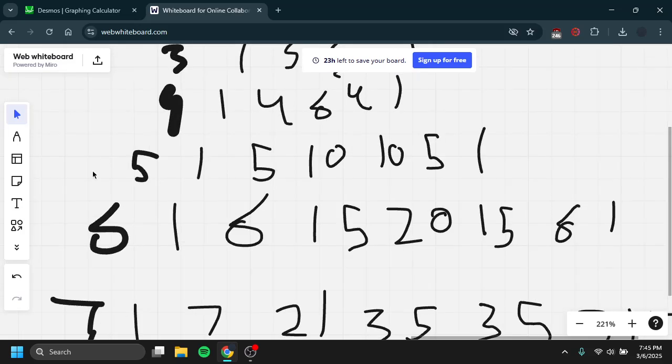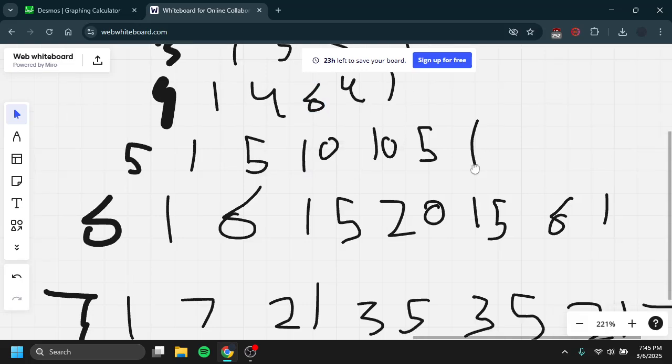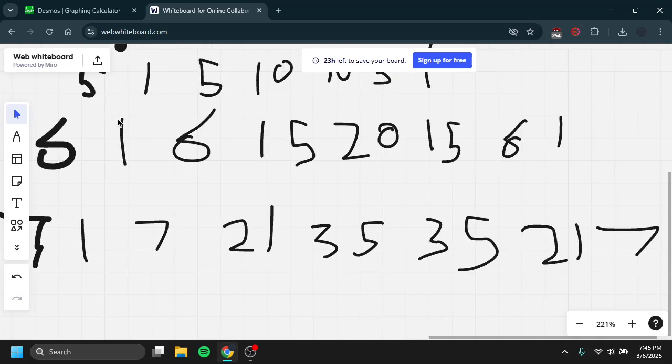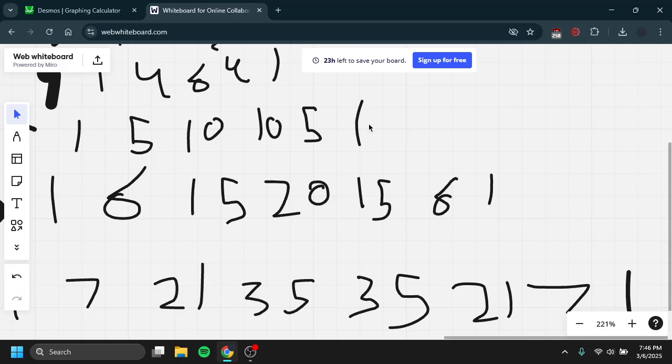Then for 5th power, we get 1. 1 plus 4 is 5, 4 plus 6, 10, 6 plus 4, 10, 4 plus 1, 5, 1, 1. Now we get 1. 1 plus 5, 6, 5 plus 10, 15, 10 plus 10, 20, 10 plus 5, 15, 5 plus 1, 6, 1.